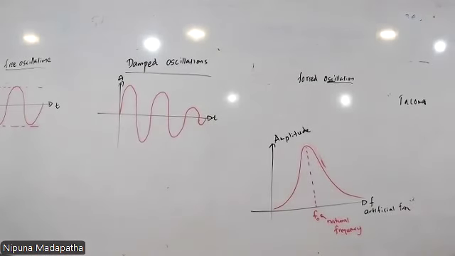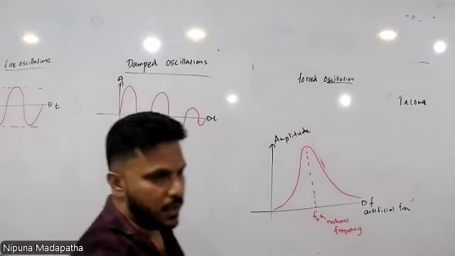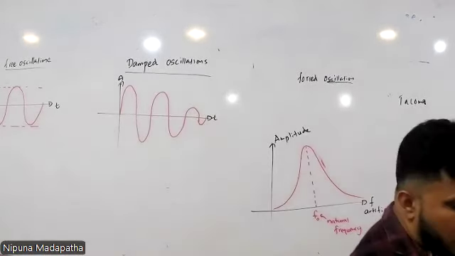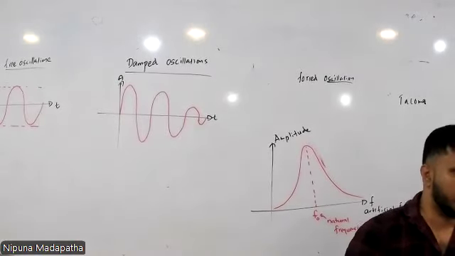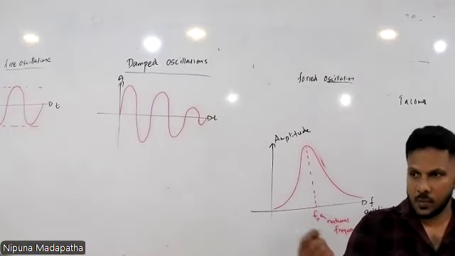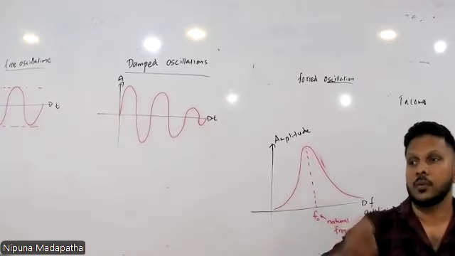Right? So every object has a natural frequency, and not only one frequency. They have a series of natural frequencies. The smallest natural frequency is known as the fundamental frequency.